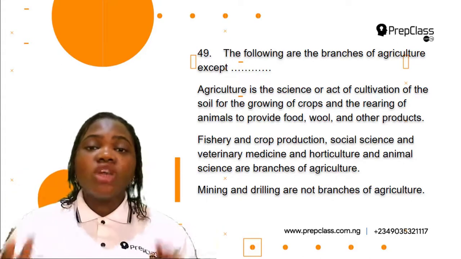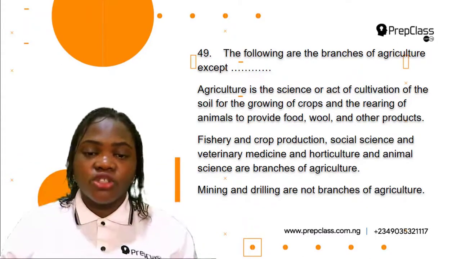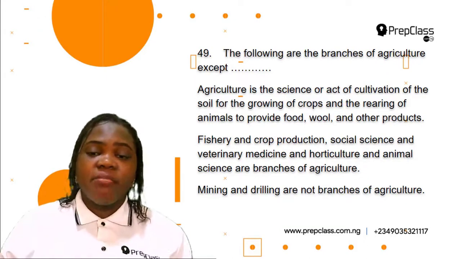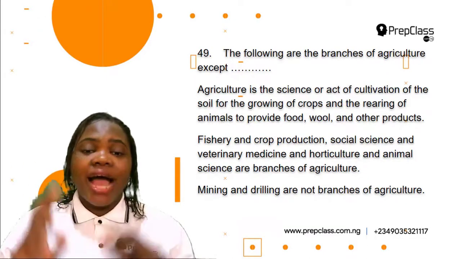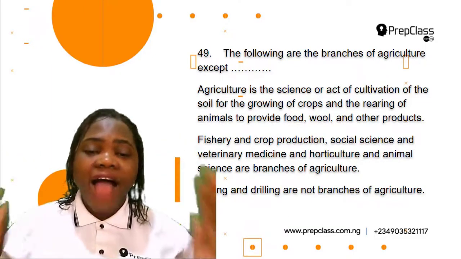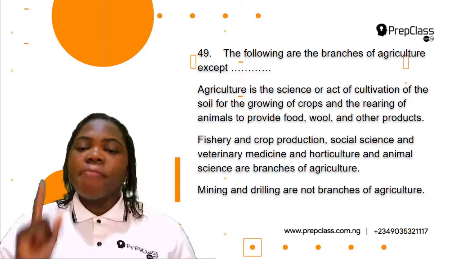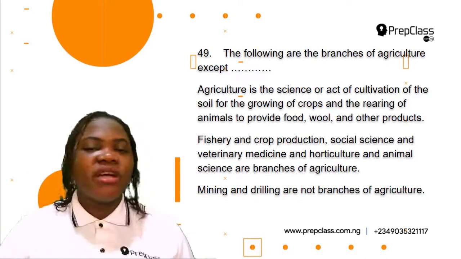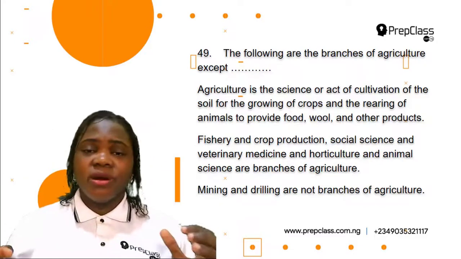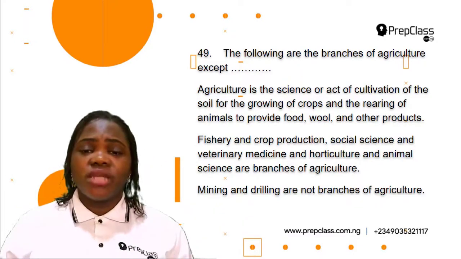Animal science is also a branch of agriculture. So fishery and crop production, social science and veterinary medicine, and horticulture and animal science are branches of agriculture. But mining and drilling are not branches of agriculture. This has to do with the extraction of valuable minerals, and this doesn't have anything to do with agriculture.